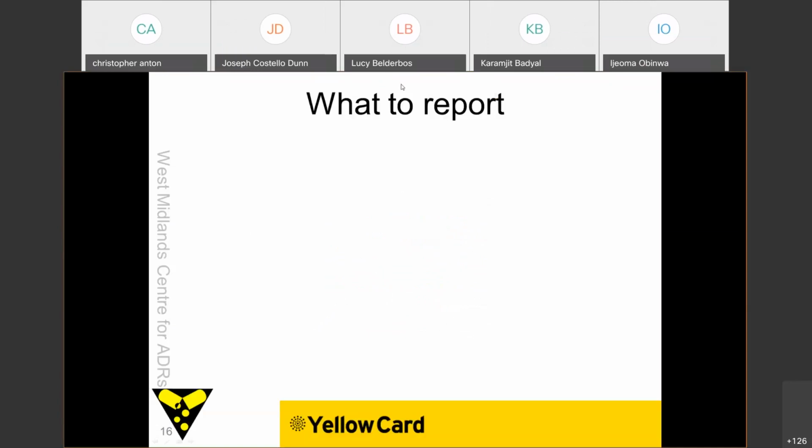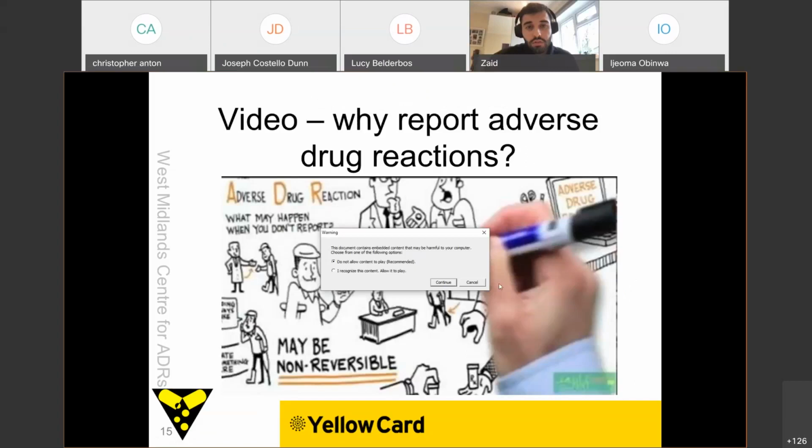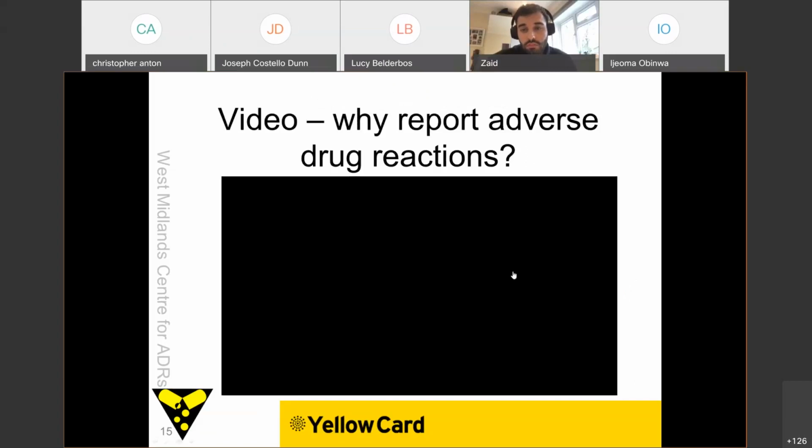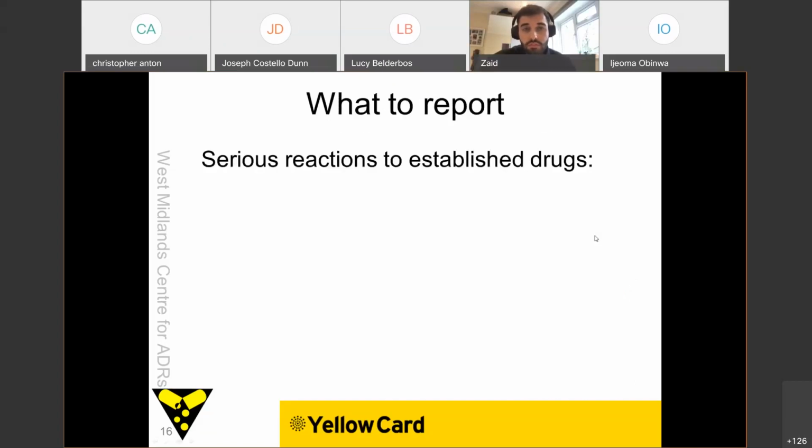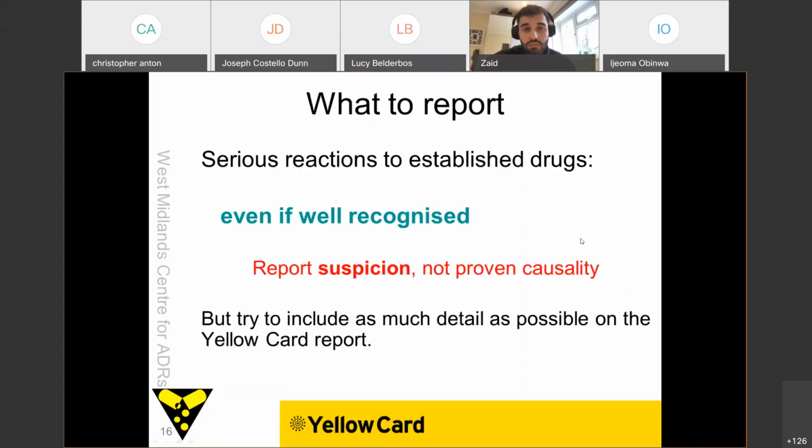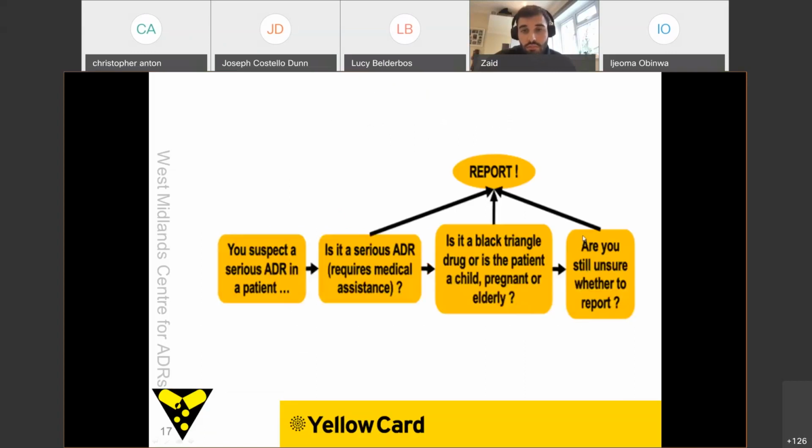Right, Zaid, over to you. Could you go back to the slide before with the diagram? That's fine. Yeah.